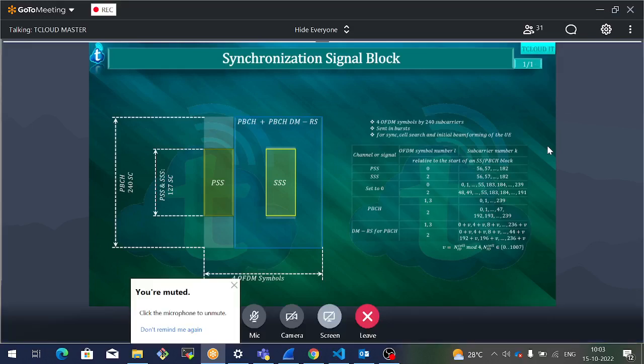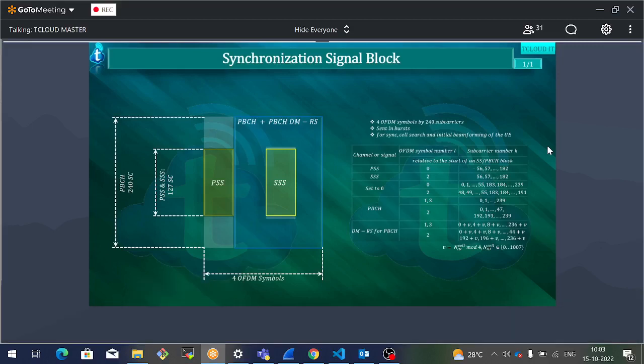Okay, so why did 3GPP design it so that mobile equipment needs to read this synchronization signal block as the first activity? They always keep this block of channels at one place, and there is an easy way of detecting it wherever it is located, because of the specialness they have created for it.